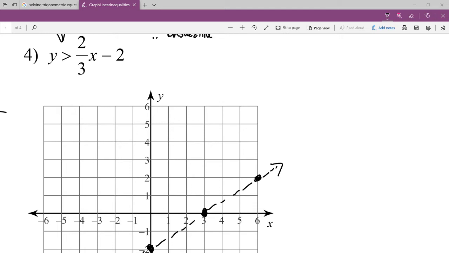For this one, we're going to use 1, 1. So we say 1 is greater than 2/3 times 1 minus 2.